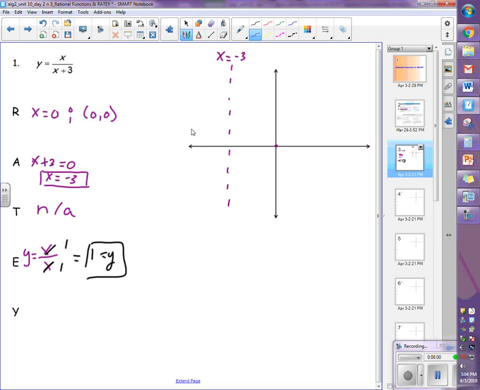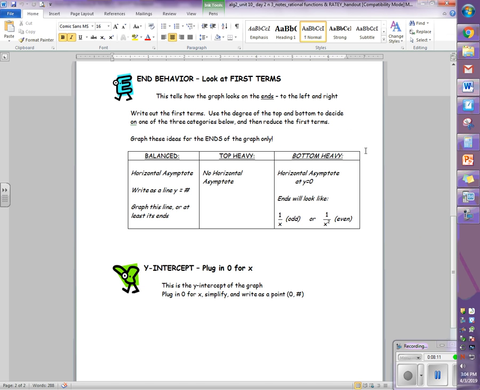So that is up here above the x-axis. And label it. And then y is for your y-intercept. So we're going to plug in 0 for x and find our y-intercept.